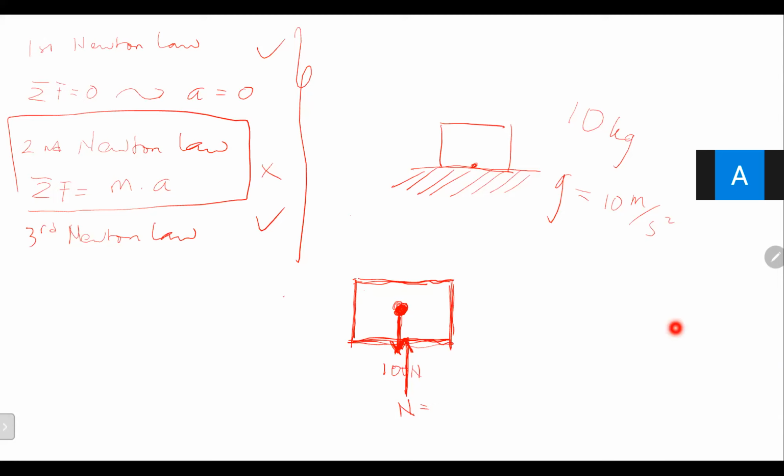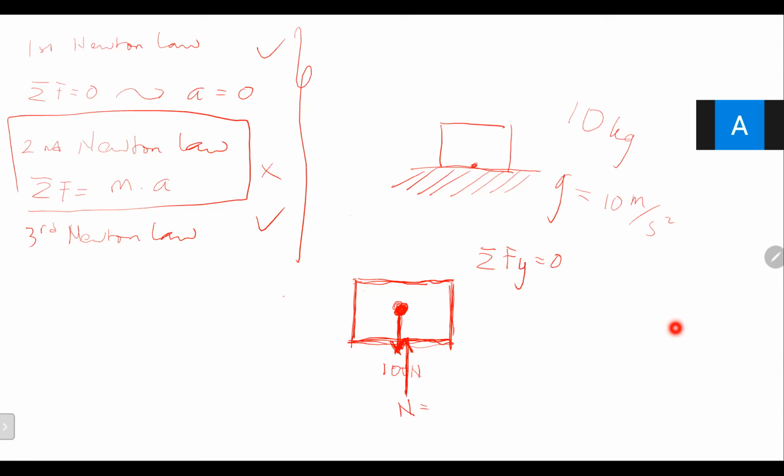But actually, we cannot just answer like that. The value is 100 Newton, and it's supposed to follow sigma Fy equals 0. Because all the things are in static condition, the total force happening there is supposed to be equal to 0.